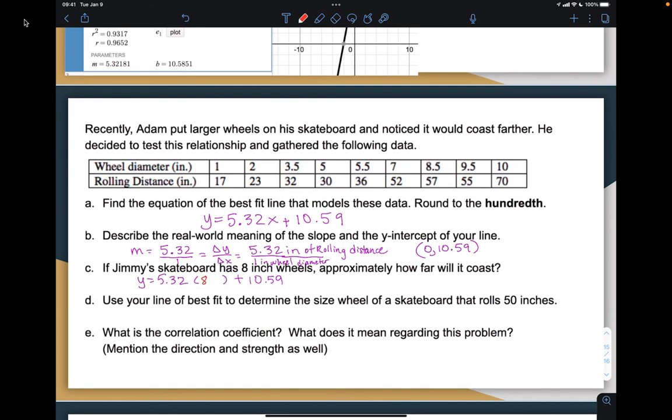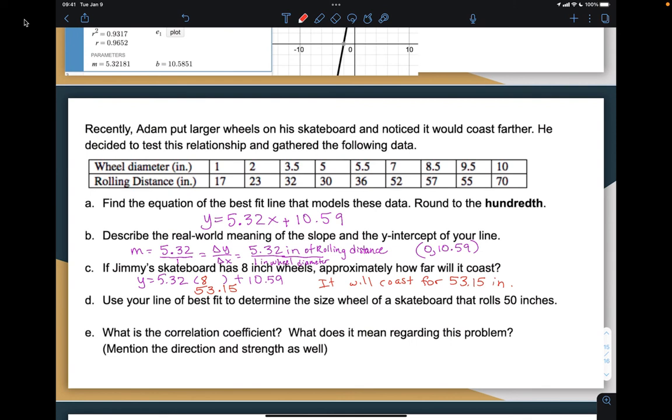So now I'm going to take 5.32 times 8, and I get 42.56. And I'm going to add 10.59, and we can estimate, using this line of best fit, that it will coast for 53.15 inches. That's kind of cool.